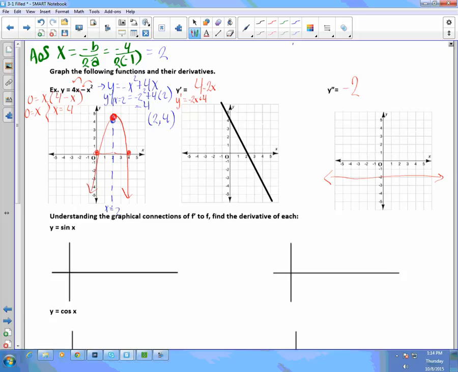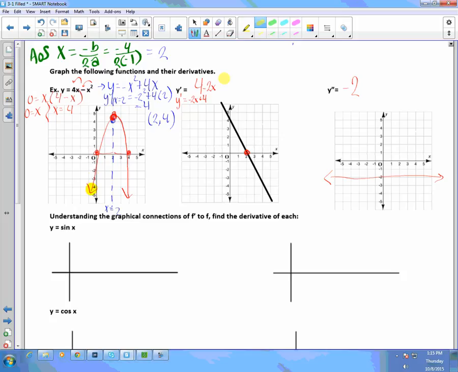So the derivative, remember, is representing the slope. So when we hit this maximum, our slope is 0. So maximums and minimums represent what on the derivative's graph? X-intercepts, because it's at 0. Right, because the slope is 0 right there.